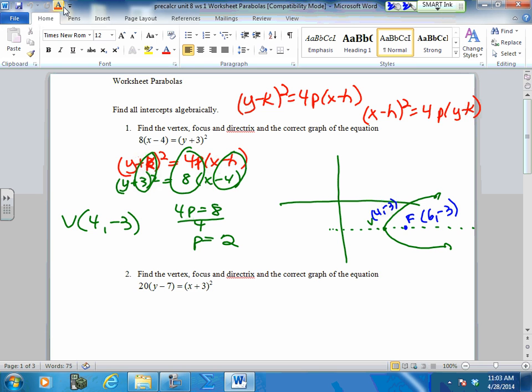Good. If you move 2 units backwards, remember this is going to make a line. Do we need the x value or the y value? The x, because that's the guy that's changing. 2 units from 4 is what? 2. There's your directrix.